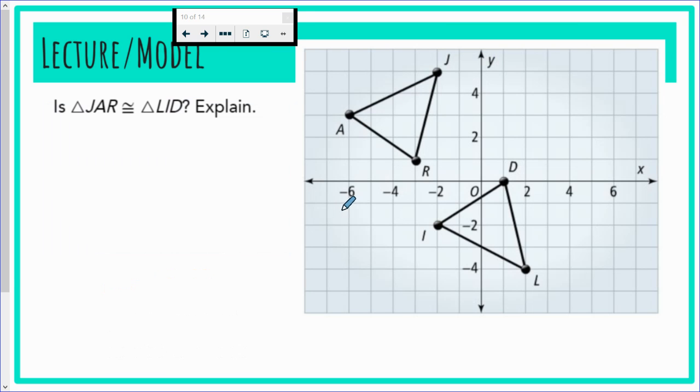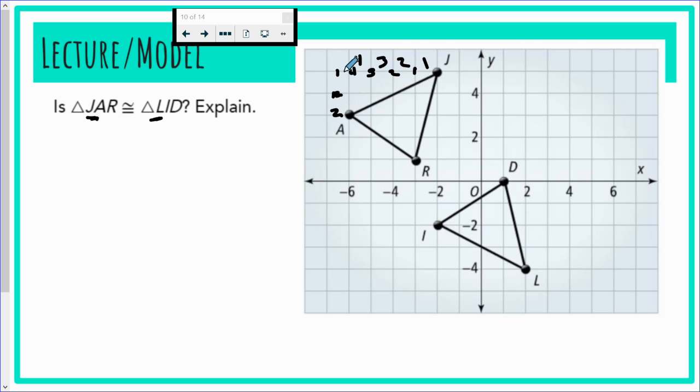All right, so now let's prove if these two figures are congruent. Is JAR congruent to LID? So let's look at side JA and LI. From JA, we go over 1, 2, 3, 4 units, and we go down 1, 2 units.